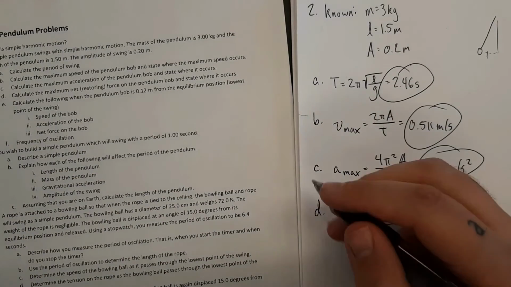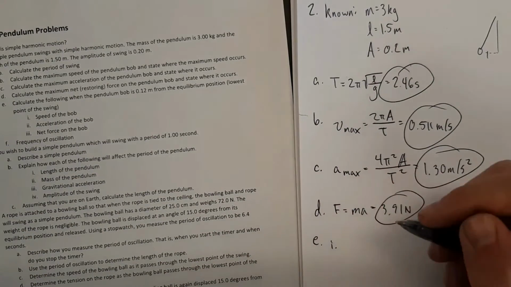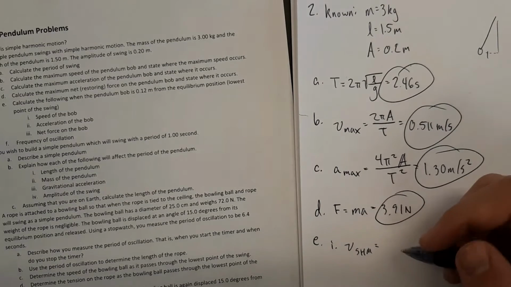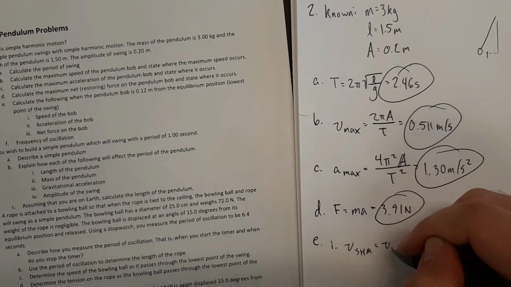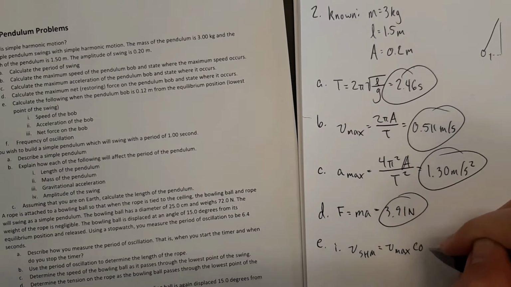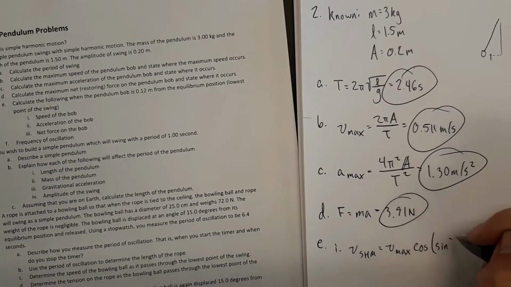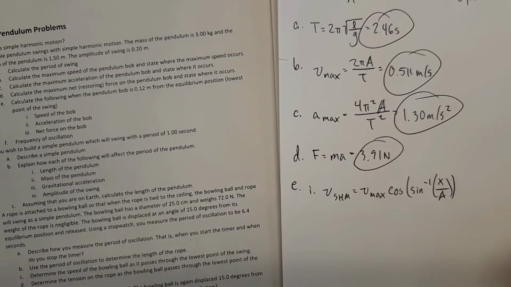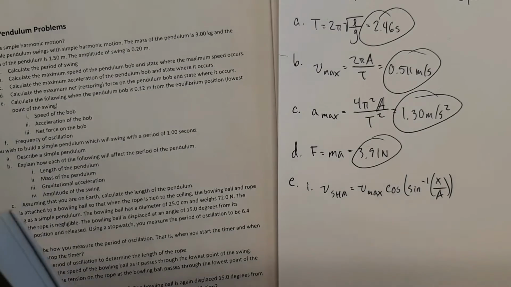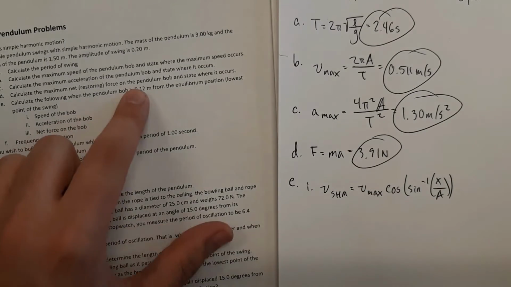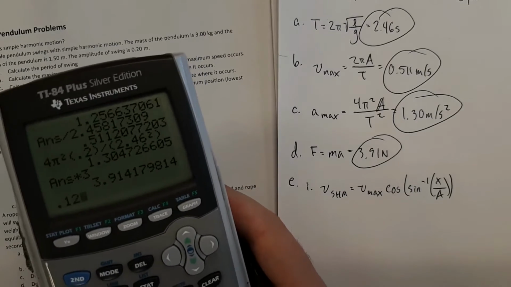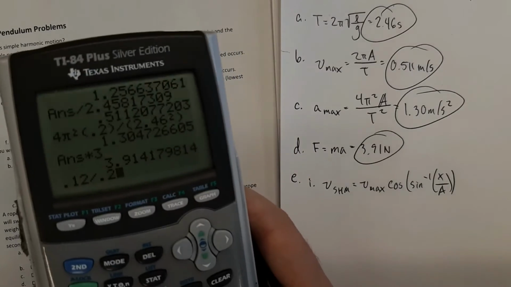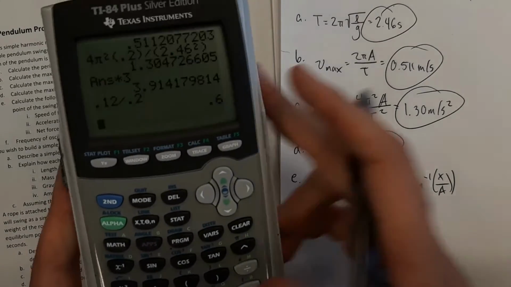Okay, so the speed of the bob for E-I, that's just going to be our intermediate speed in simple harmonic motion, which is equal to our max speed times the cosine of the inverse sine of our displacement over our amplitude. So 0.12 divided by our amplitude, 0.2, gives us 0.6 in there.